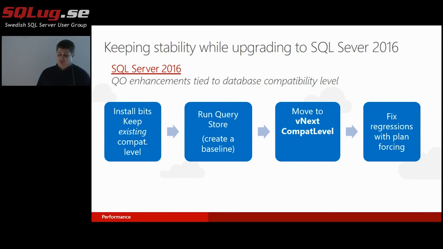It's 130 right now, and we have query store running. We run the queries again, and we see if the performance is degraded or not. If yes, then we can force the plan as if the query were running on the old compatibility level. So we have query store now working on the new SQL Server database, and we have fixed the regression on those queries that really needed it by forcing a plan.